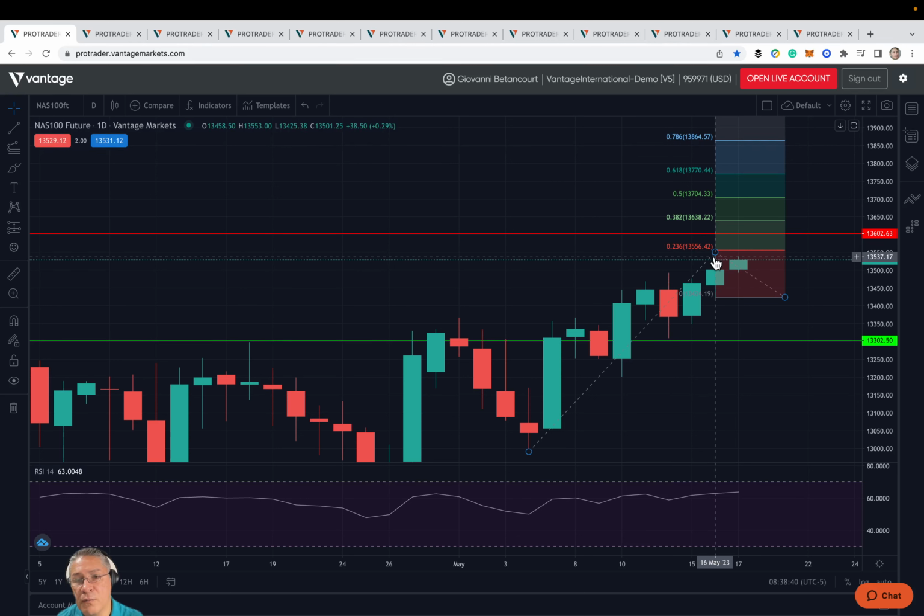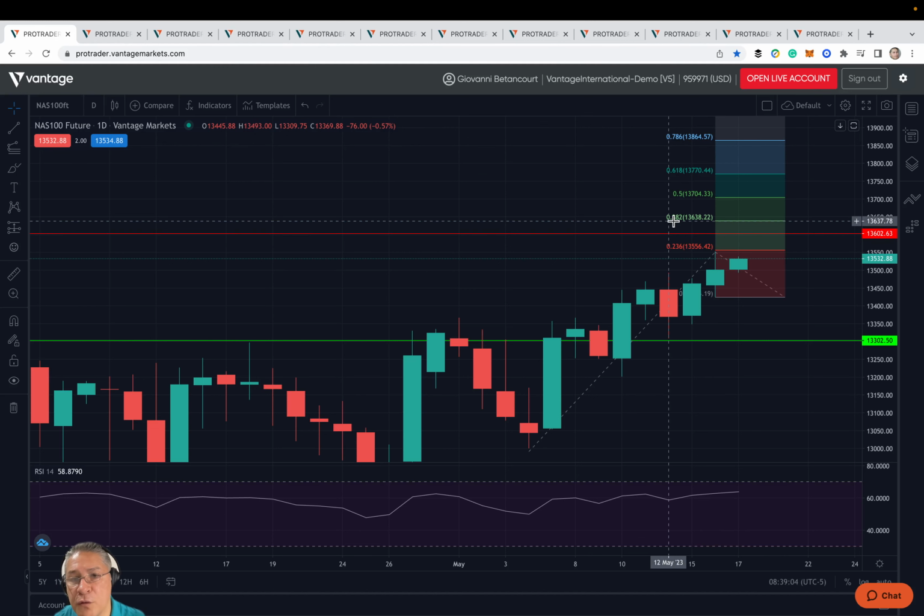If the market is to continue moving higher, we need to break yesterday's high or come back to yesterday's high. So we can use that as our initial target if you're not too confident that the market will continue to move higher. And if we do continue to move higher, we can use the psychological value of 13,600, which is right about where I have my resistance. That'd be your second target.